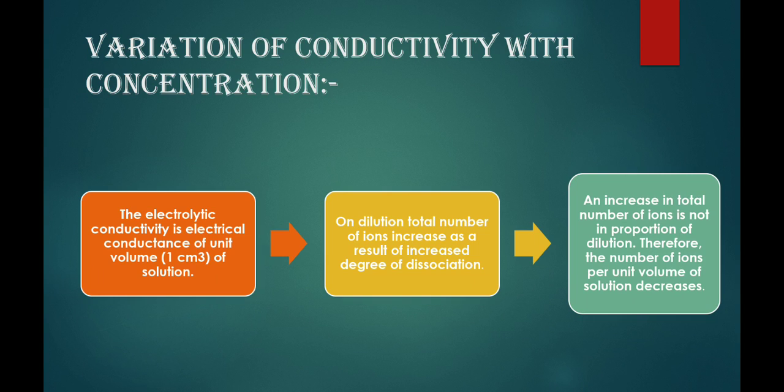So this is the important part. When we dilute the solution, its degree of dissociation increases. Because of that, the total number of ions increases in proportion to dilution. Therefore, the number of ions per unit volume of solution decreases.